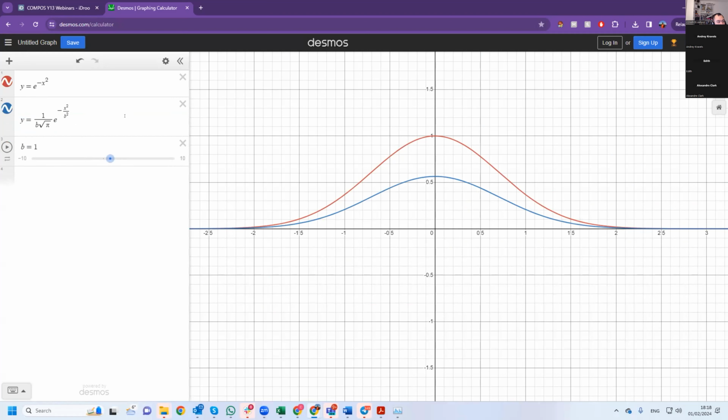So this is for b equals 1. This is very similar to the standard deviation.